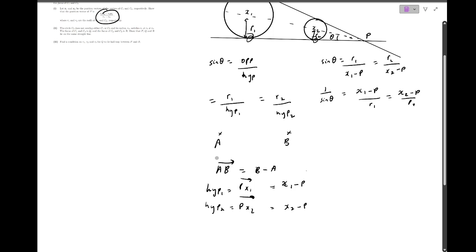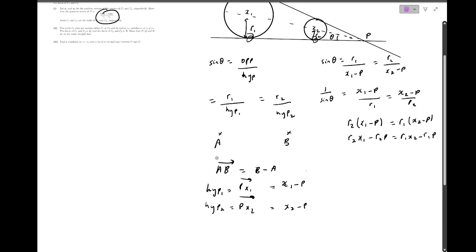I'm just doing this to make it easier for myself. Now all you have to do is rearrange and make p the subject, because we want to find what p is as a vector. So we get r2 times x1 minus p is equal to r1 times x2 minus p, and therefore r2 x1 minus r2 p is equal to r1 x2 minus r1 p.